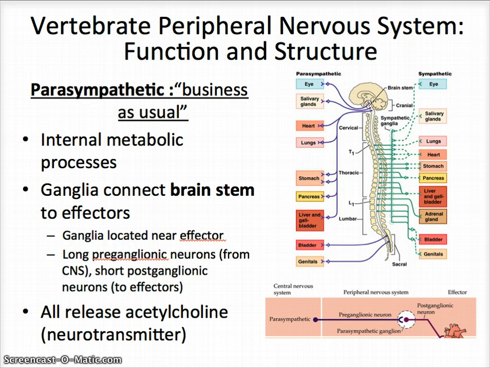So again, the main difference between the parasympathetic and the sympathetic nervous systems, well, there's a few. The first one is that the parasympathetic preganglionic neuron extends from the brainstem to the effector muscles, whereas the sympathetic neurons extend from the spinal cord. That's the big difference. And the difference in the size of the preganglionic neuron versus the postganglionic neuron is also important.